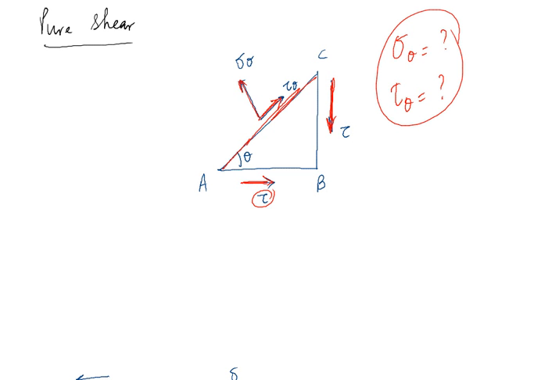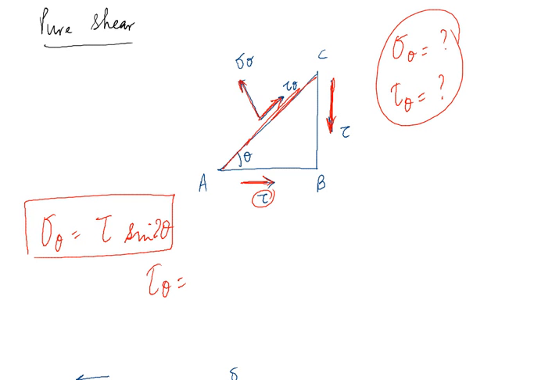The value of sigma theta in this case, just remember it for the examination point of view, is tau sine 2 theta, and the value of tau theta in this case is minus tau cos 2 theta.